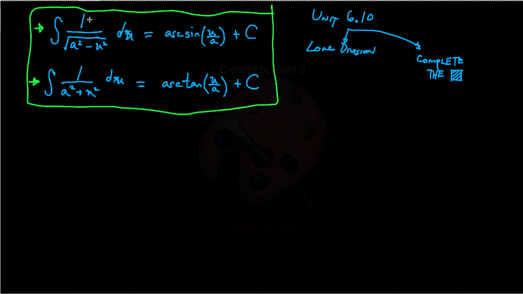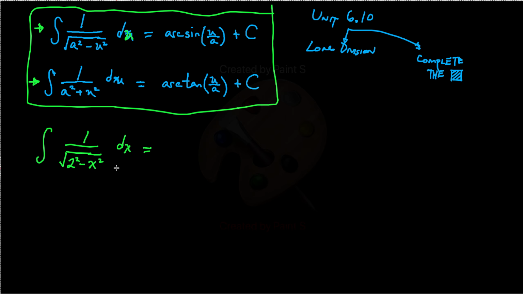So here, in this first one, the telltale sign that we're going to want to use this is when you see that square root on the bottom in the denominator. So this one says basically if you have 1 over the square root of, let's just say for arguing, 2 squared minus x squared, and I want to find the antiderivative of this with respect to x.